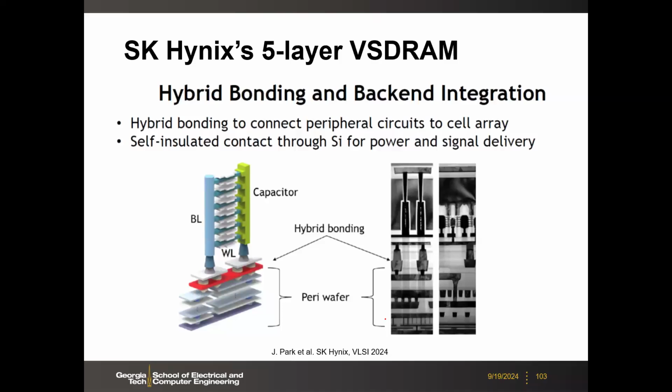I don't think the adjacent ones, like the decoder or SenSamp, will be on a separate chip, but the peripheral circuits farther away, like the controller, I/O, and so on, will be on a separate chip. And then they do the bonding, hybrid bonding. Okay, this is a 3D DRAM die, and this is a peripheral circuits die, and this is a bonding pad.